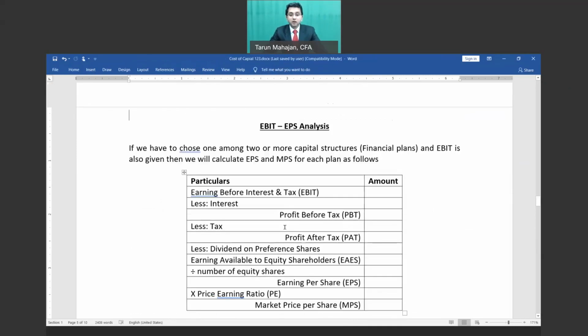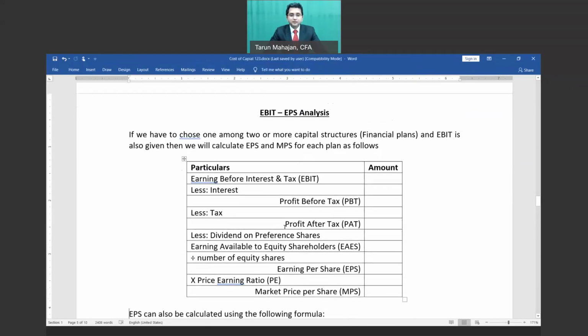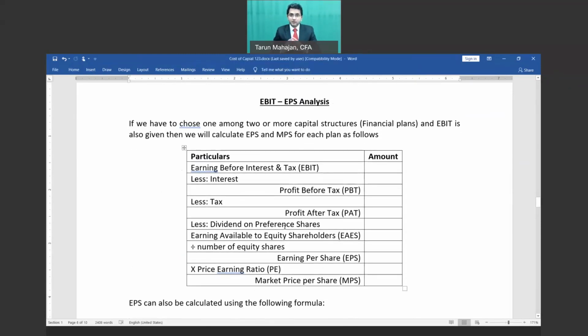You calculate the cost of individual sources of finance, and thereafter you can calculate the weighted average cost of capital for each of the alternatives. Once you are able to figure out the weighted average cost of capital for option 1, option 2, option 3, then choose the capital structure which has the lowest weighted average cost of capital.